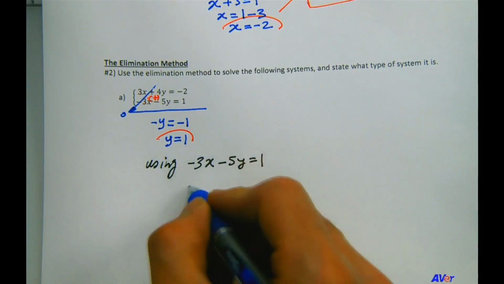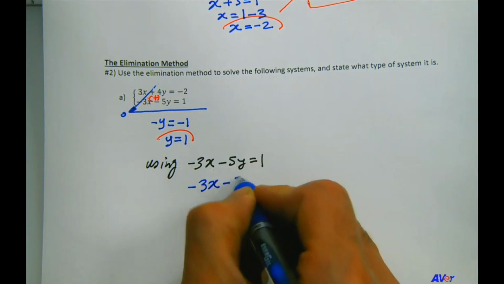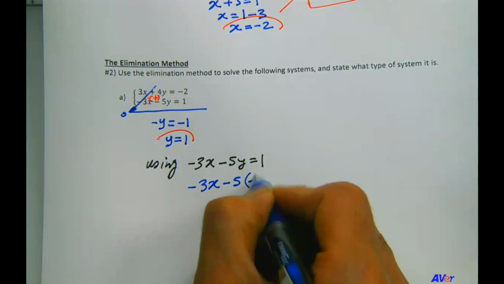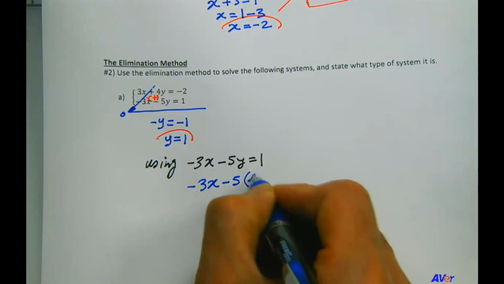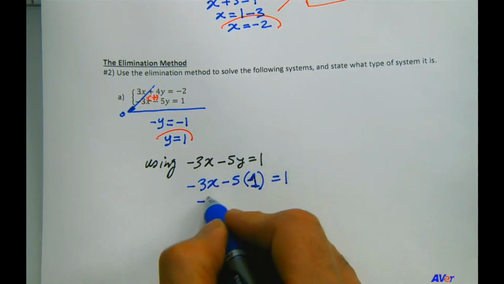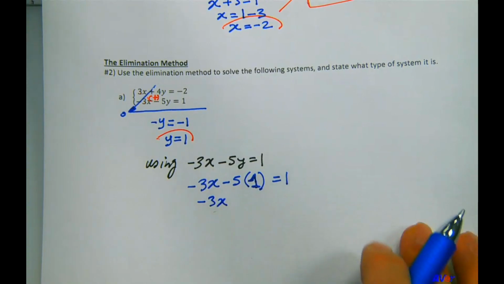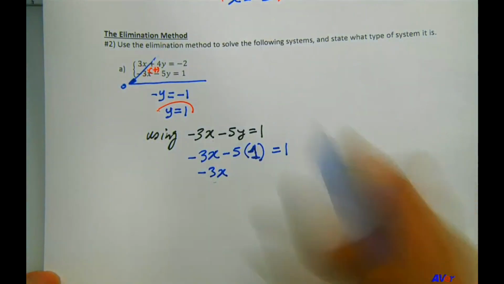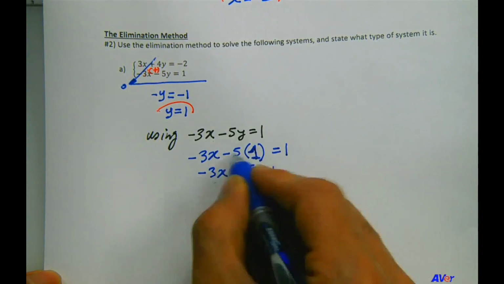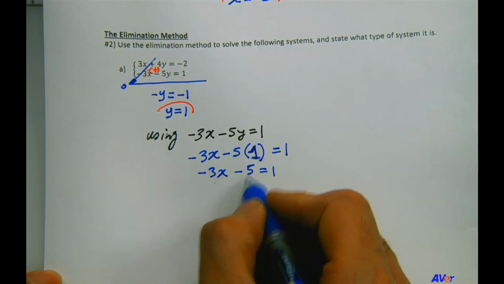So minus 3x minus 5 times 1 equals 1. So minus 3x minus 5 equals 1, right? Minus 5 times 1 is minus 5.